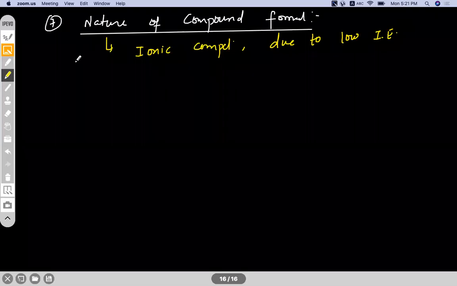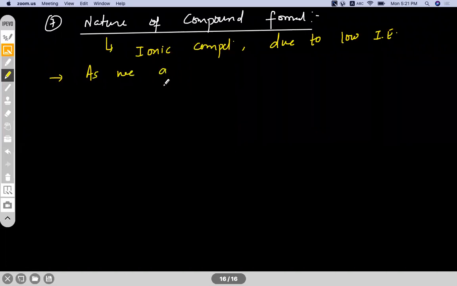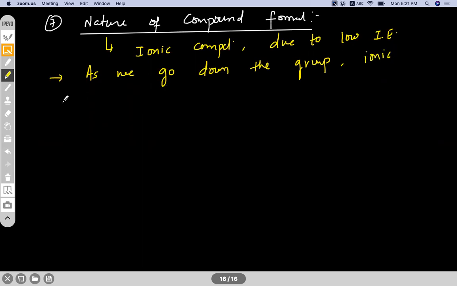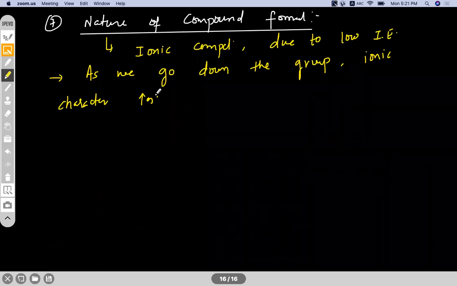Now the ionic character, write down. As we go down the group, the ionic character increases. Why does it happen? Any explanation for this? Why does ionic character increase as we go down the group?